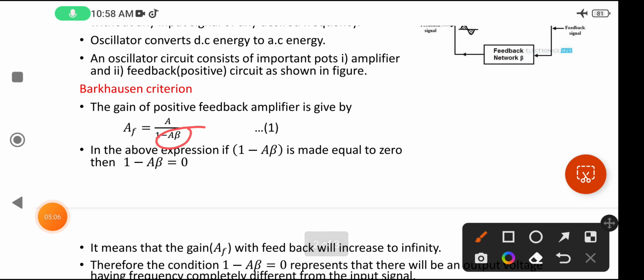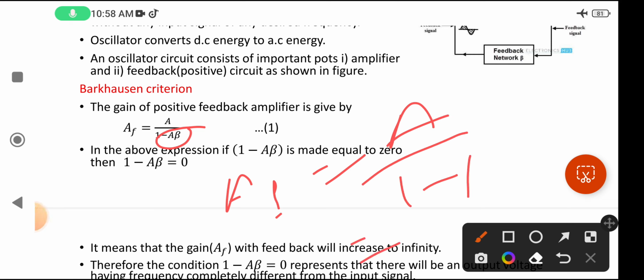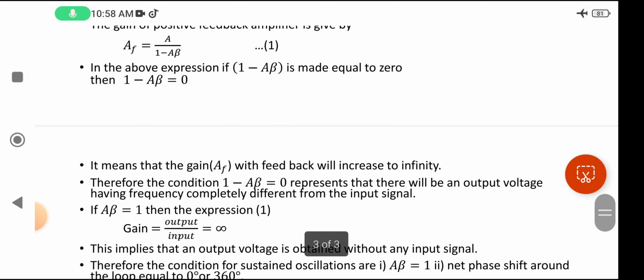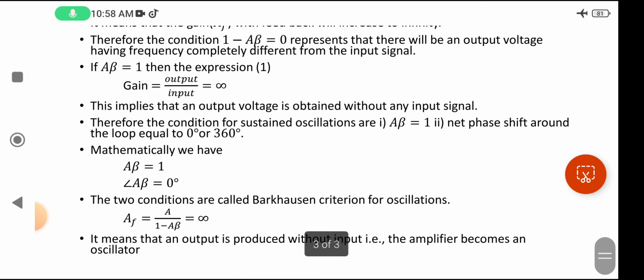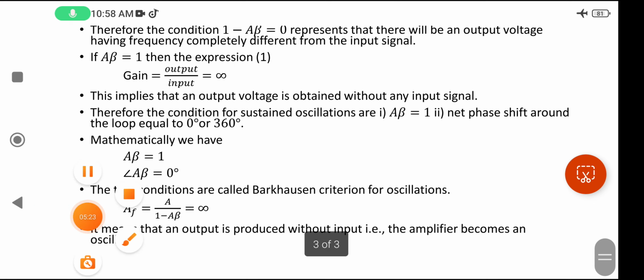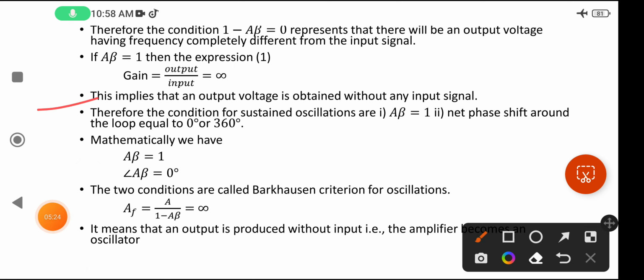If you substitute Aβ = 1, then Af = A / (1 - 1). 1 - 1 is 0, and something divided by 0 is always infinity. That is the reason Af becomes infinity. This implies that output voltage is obtained without any input signal.